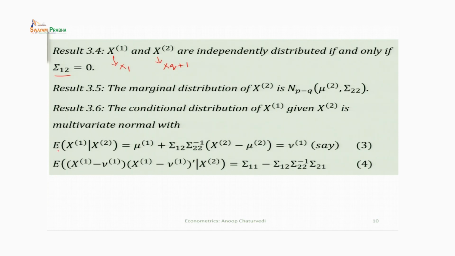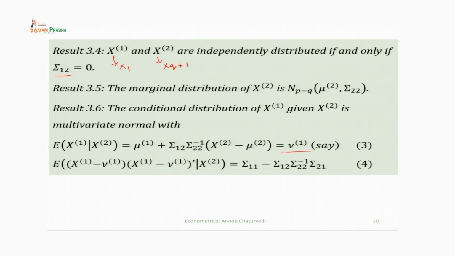And then the conditional distribution of x1 given x2 is also a multivariate normal distribution, and this has conditional mean vector, expectation of x1 given x2, equal to mu 1 plus sigma 12 sigma 22 inverse (x2 minus mu 2), equal to nu 1 say. The variance covariance matrix of x1 given x2, that is the expectation of (x1 minus nu 1)(x1 minus nu 1) transpose given x2, is equal to sigma 11 minus sigma 12 sigma 22 inverse sigma 21.